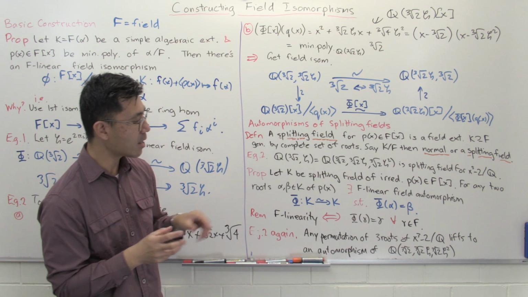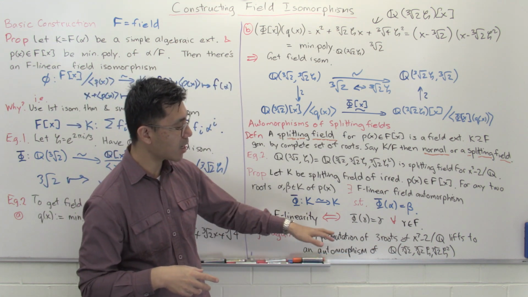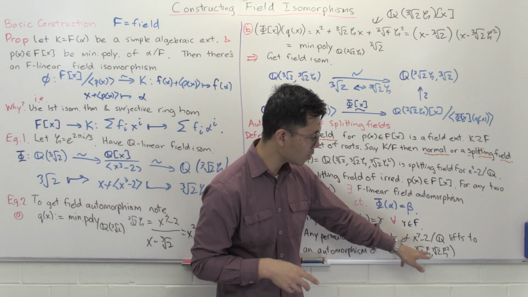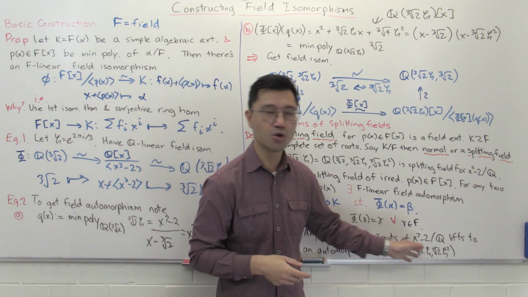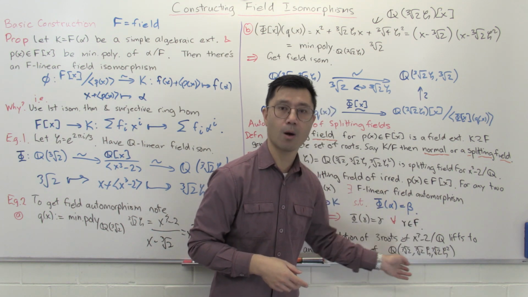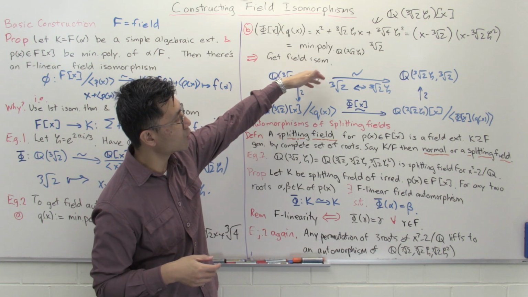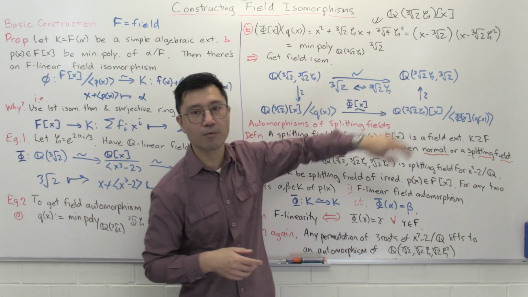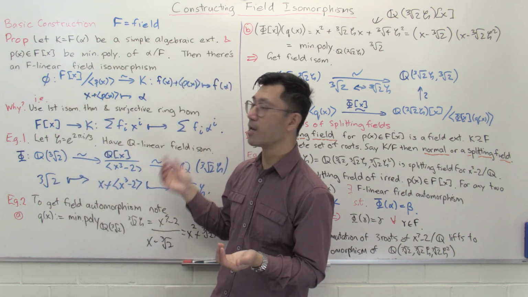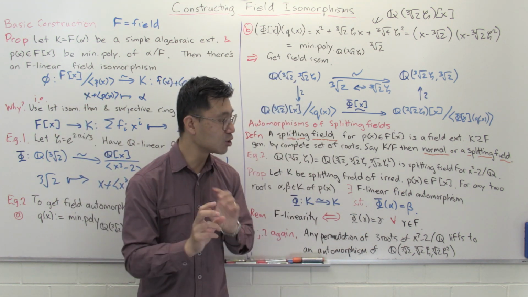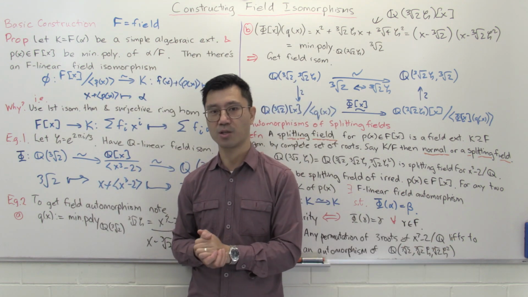It turns out that in this particular example, given any permutation of the roots cube root 2, cube root 2 zeta, and cube root 2 zeta squared, you can lift that to an automorphism of this field. We've seen the example where we swapped cube root of 2 and cube root of 2 zeta, but of course all three roots are fairly symmetric. We could play this game with any two of them and swap them, and if you can do any two swaps, you can combine them to get any permutation that you like.